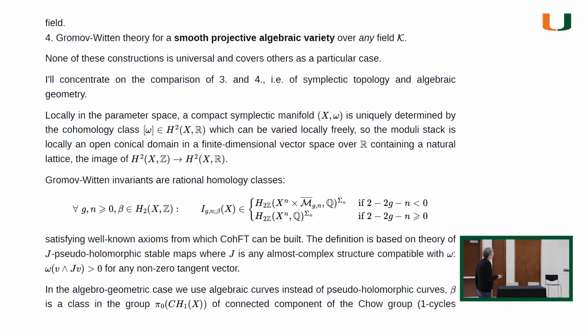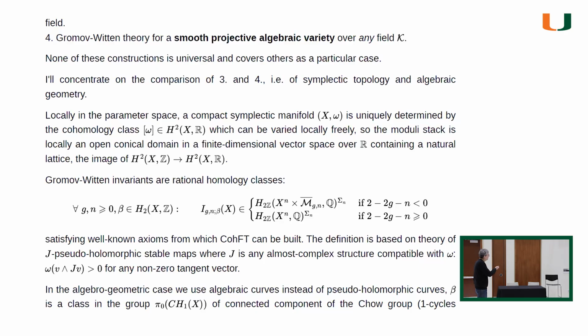In usual symplectic geometry, we know that the parameters of symplectic manifolds are locally finitely many. For closed symplectic manifolds, you just deform the class of the symplectic form freely in an open neighborhood in cohomology. It could be conical. So the moduli stack is a conical domain in a finite-dimensional vector space over R. You get only real points, and then over the complex numbers you get C star instead of R, a complex parameter space.